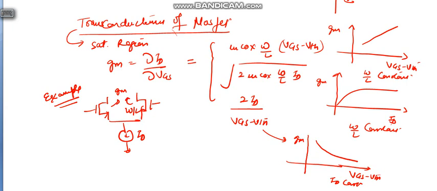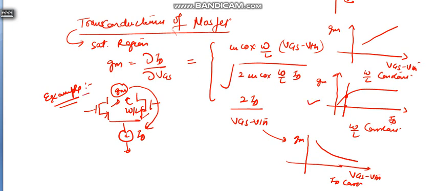Now if you designed at some point for some reference ID current, it means you are not taking full advantage. So either you should increase the current for this W by L, or you should increase W by L, so that we get maximum Gm for the bias current. So this is the significance of these curves.